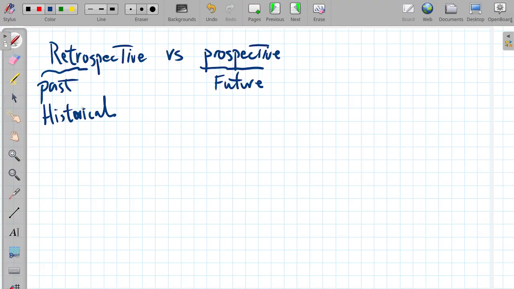Then you, over time, gather the data, and usually you set some end period: 5 years, 10 years, 30 years down the road, whatever makes sense in context of the subject. Once you've gathered that data, then you can analyze it. So this is all about the future, and it requires tracking of participants.